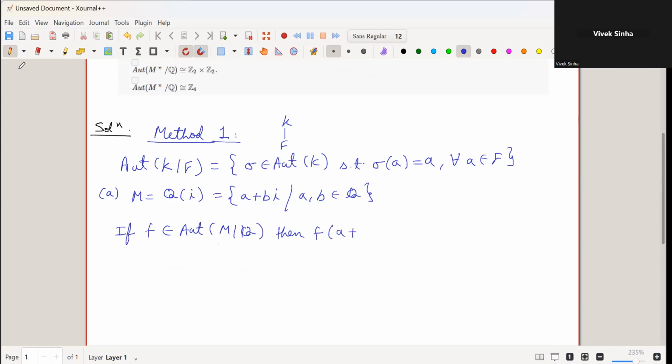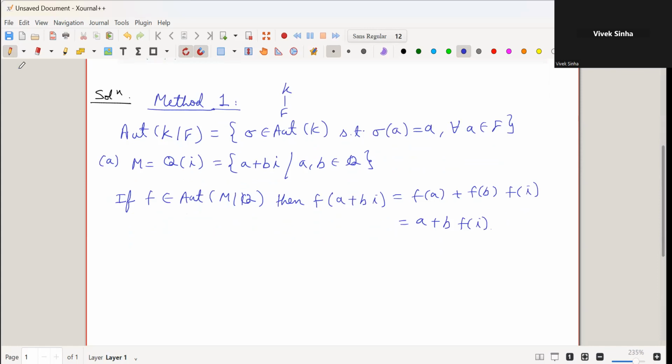It will do f of a plus b iota, that is f of a plus f of b, f of iota, right? And this will be just a plus b f of iota, right?